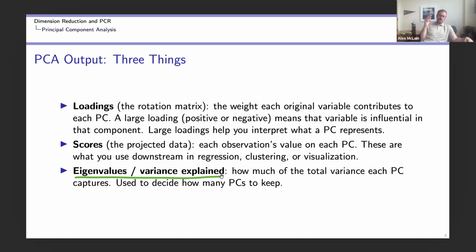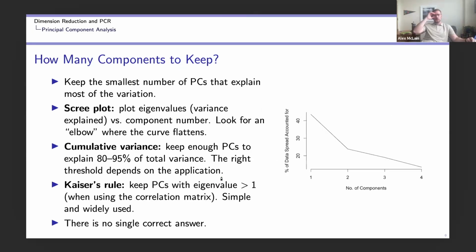And even if most people usually keep 2, should we keep 3 or 4 or something like that? So how do we use these eigenvalues and variance explained to determine how many components we should keep?